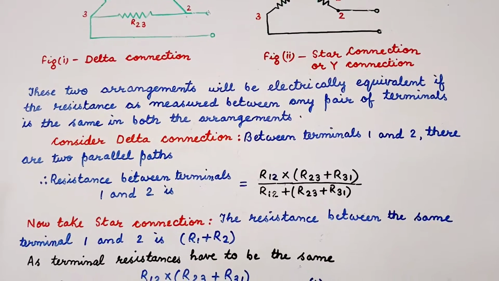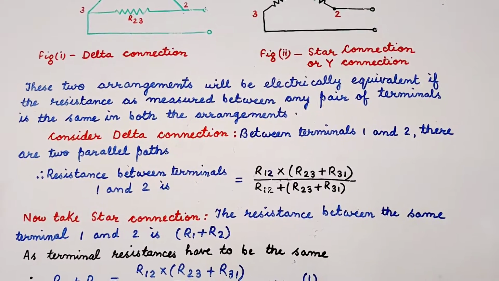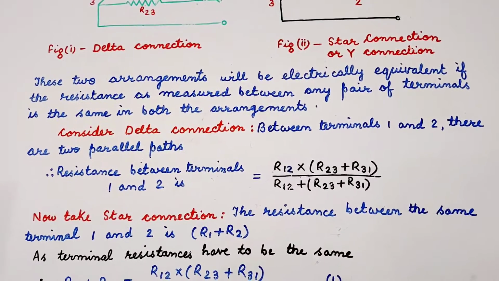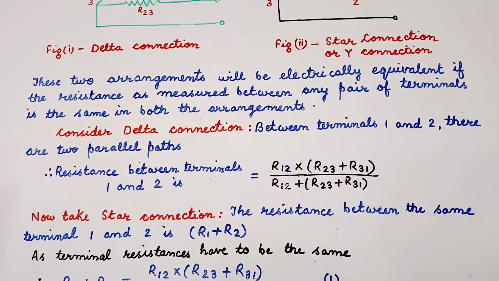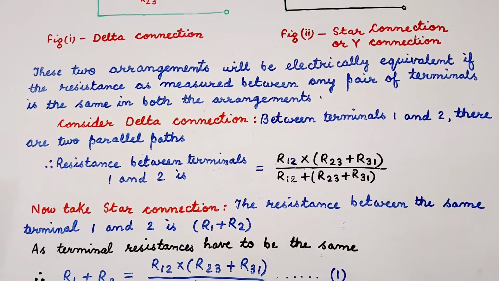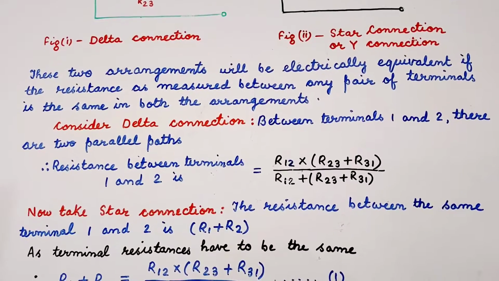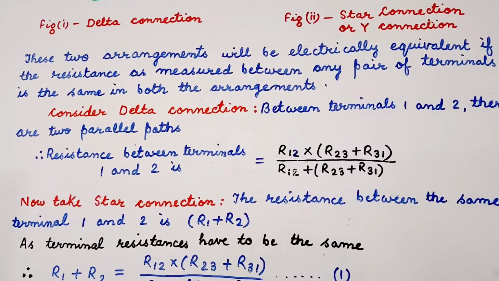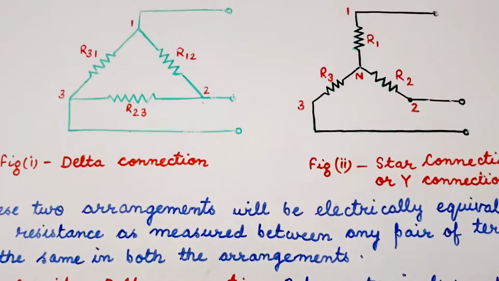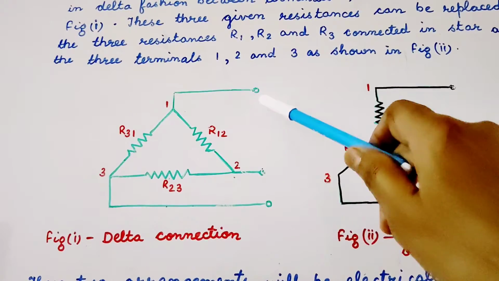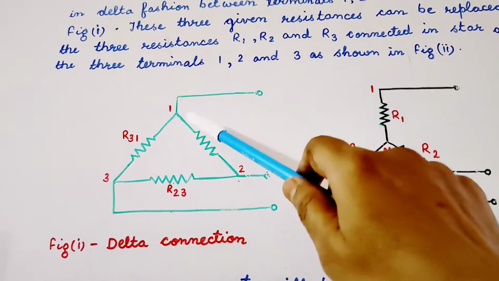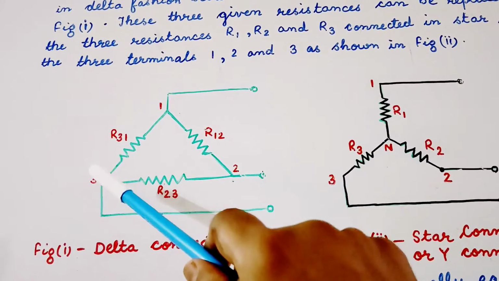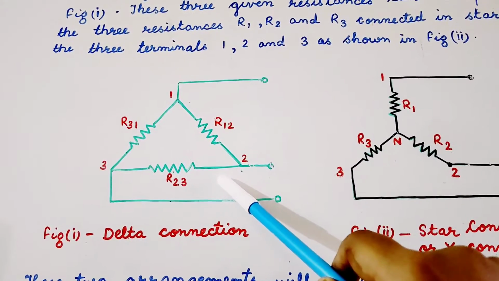For this, let us consider the delta connection shown in figure 1. In figure 1, if we want to find the equivalent resistance between the terminals 1 and 2, we find that between the terminals 1 and 2 there are two parallel paths. One path has a resistance of R12 and the second path has a resistance of R31 plus R23.